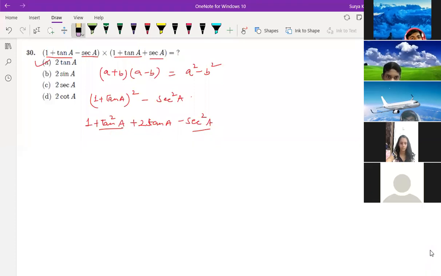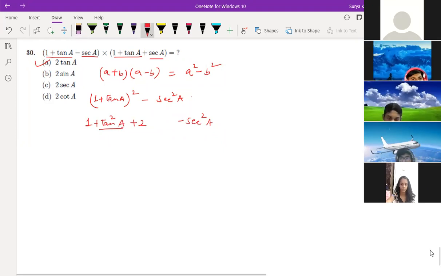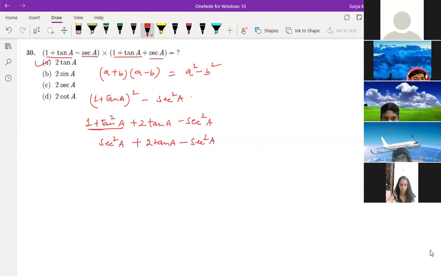No. Sec square A minus tan square A equals 1. So 1 plus tan square A is sec square A. So we get sec square A plus 2 tan A minus sec square A. So sec square A and sec square A get cancelled. The answer is 2 tan A.